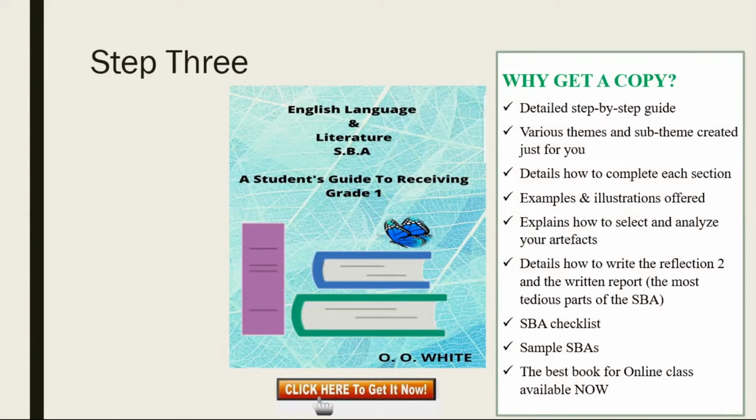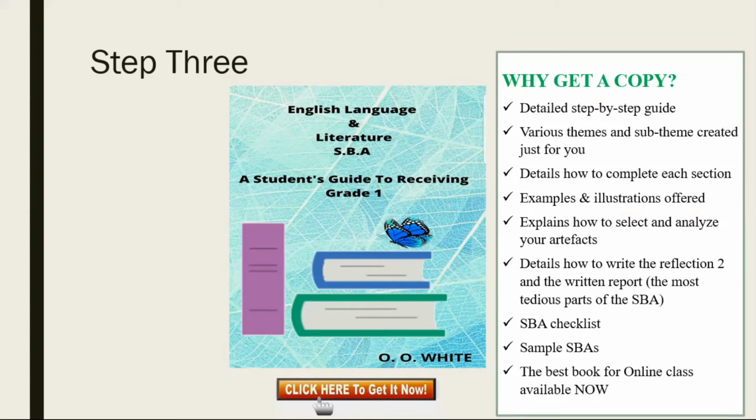Next, it details how to complete each section of the SBA. And in a virtual classroom, more than anything else, we do need that. It gives you examples and illustrations that you might find difficult to find elsewhere. It explains how to select and analyze your artifacts.